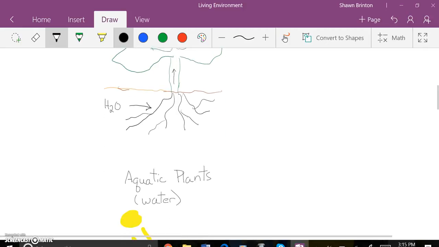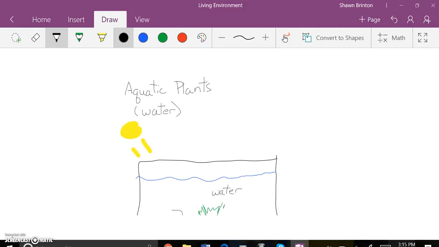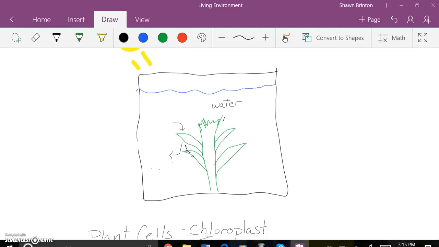Okay, so this also takes place in aquatic plants. Same thing, except the water itself just diffuses through the leaves, and carbon dioxide from the water, so you have CO2 that's dissolved in water, also diffuses through the leaf as well.